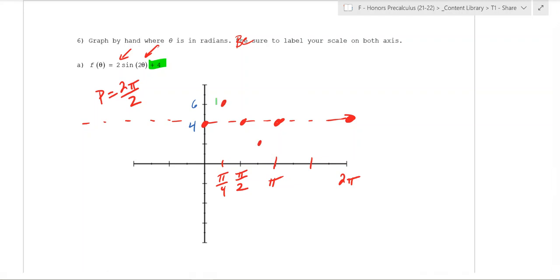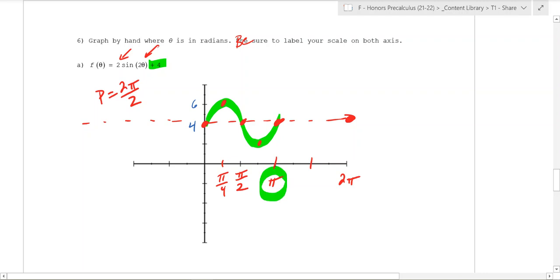So one rotation is going to take pi. So what you would normally see in 2 pi, it just takes pi. And then it's the same shape again, like this. So you end up here, here, there, and there. So usually this one rotation would take 2 pi, but now it takes pi. And it was stretched vertically by a factor of 2.